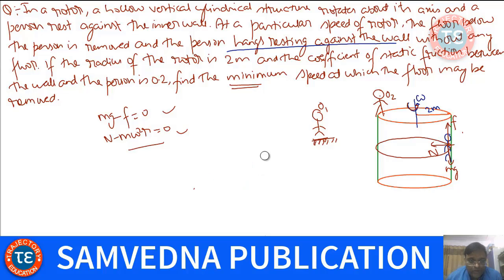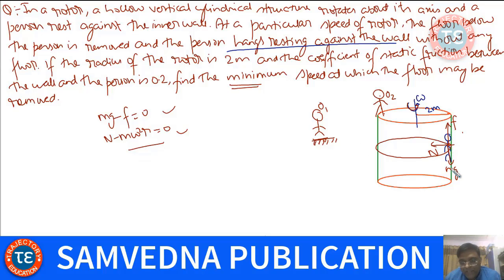See, you want to find omega. So we have what here? We have here n. We want to find n, right? So this is F and m omega square r.